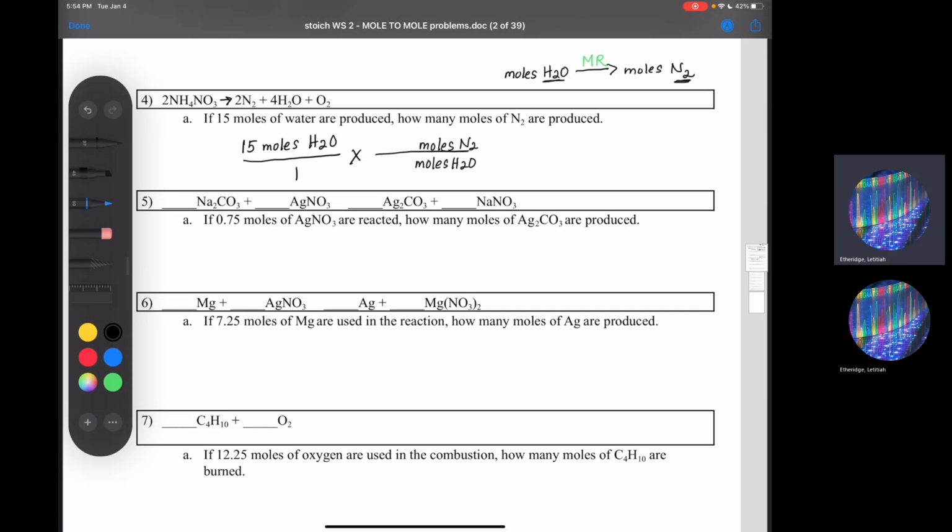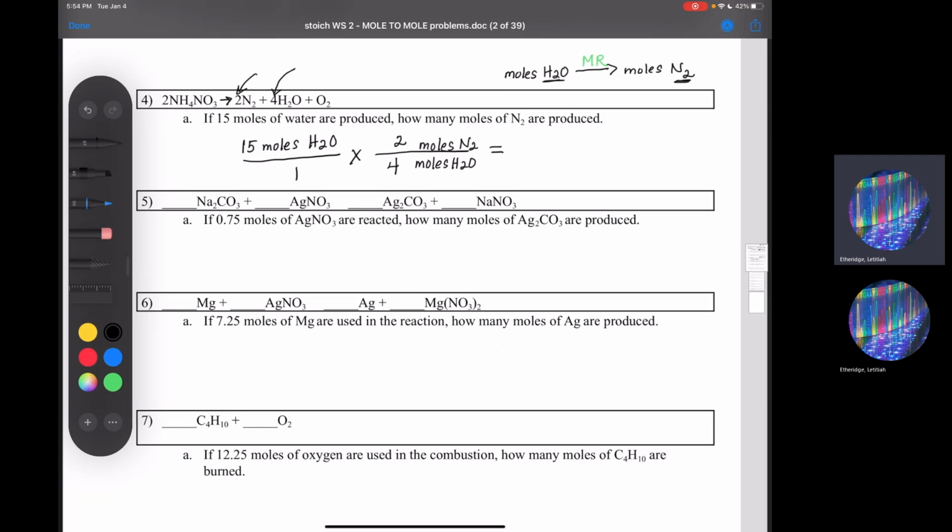Okay, so now we are going to get our mole ratio from our equation. So if you take a look, the coefficient for water is going to be 4, and then the coefficient for nitrogen is going to be 2. So we are in a 2 to 4 relationship.